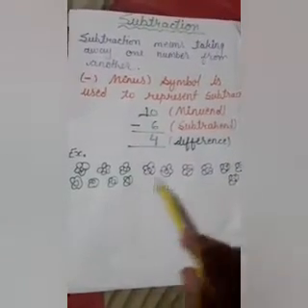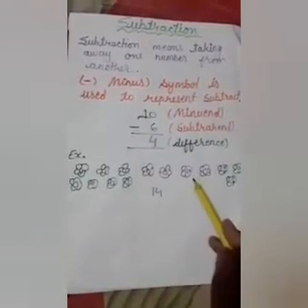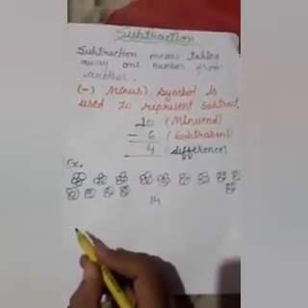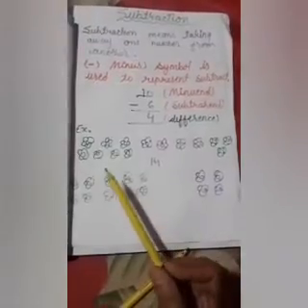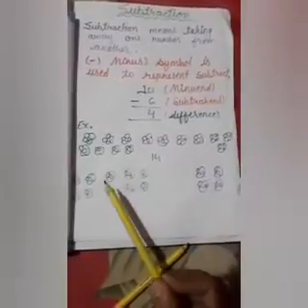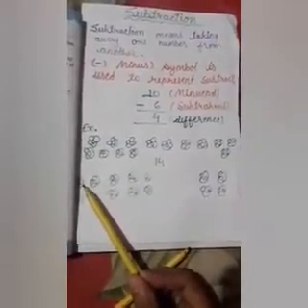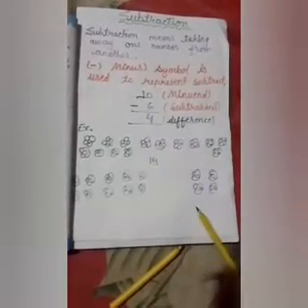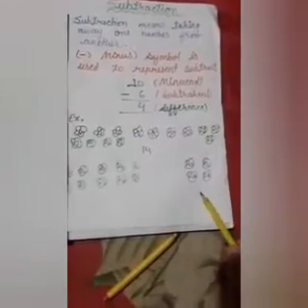Now we will separate the green flowers and the purple flowers. We have 10 green flowers and 4 purple flowers.